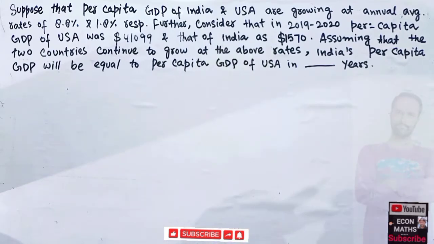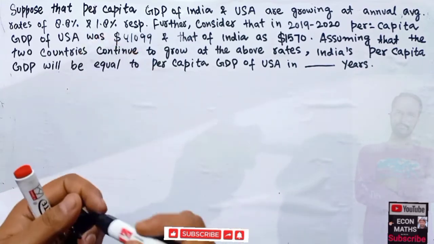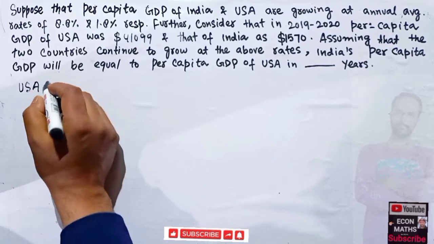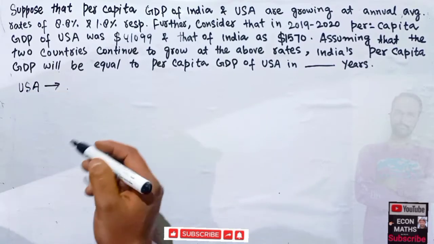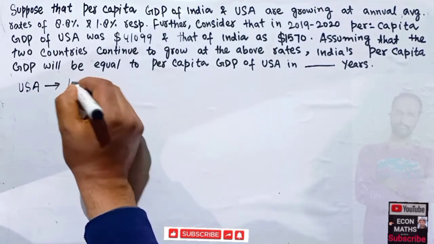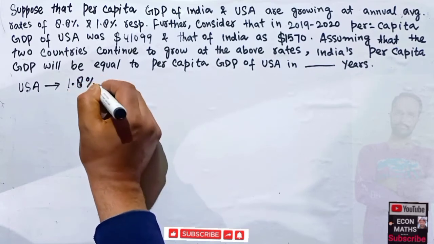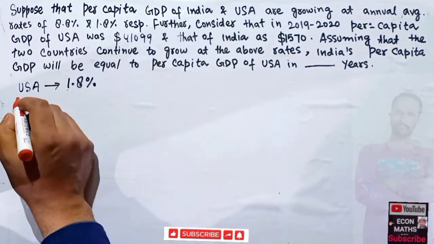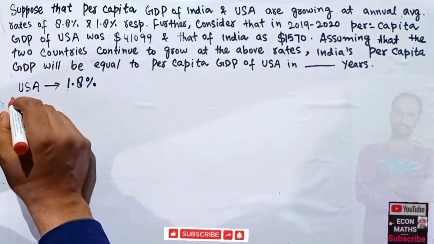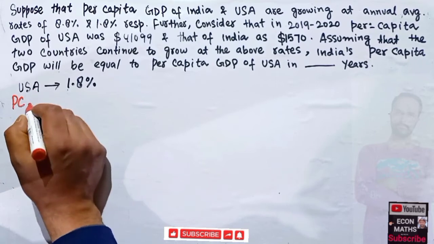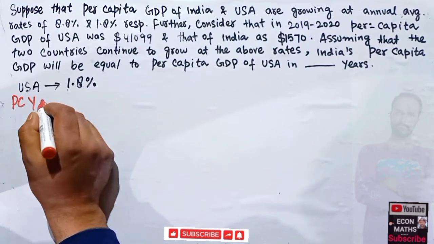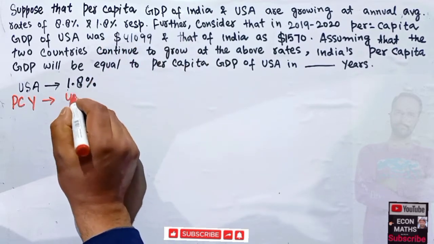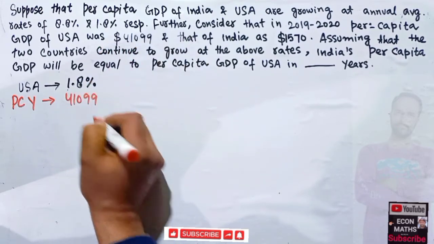Okay, so how do we solve this question? We are being given the growth rate of USA is 1.8%, and per capita GDP or income of USA is being given as 41099.